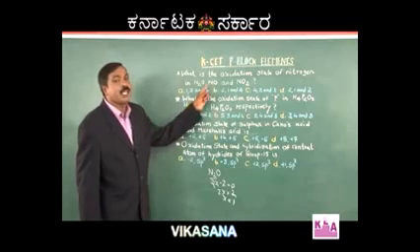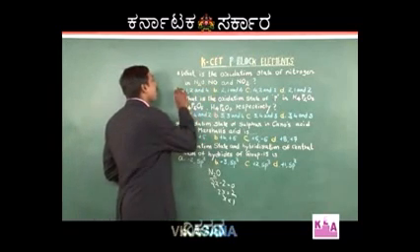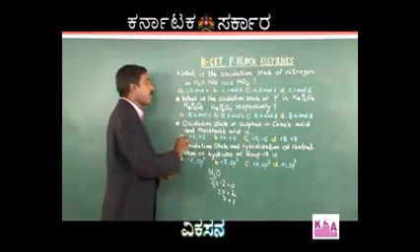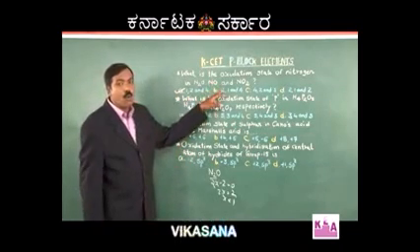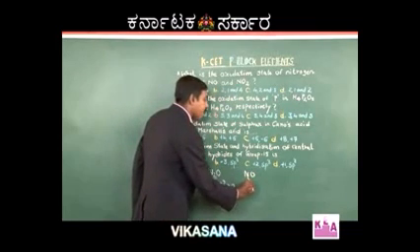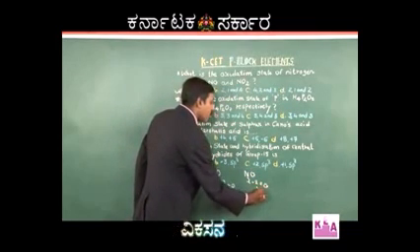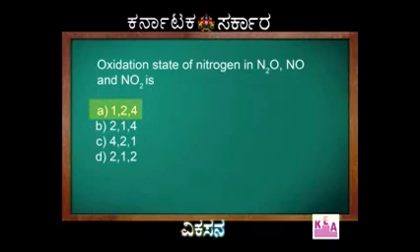Therefore, the most appropriate answer would be the first one. I complete the question again. NO, which is nitric oxide: x minus 2 is equal to 0, x is equal to +2. Yes, matching and working to my standards. Hope you have understood this numerical.